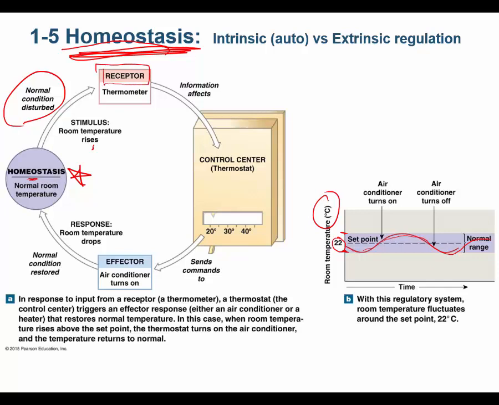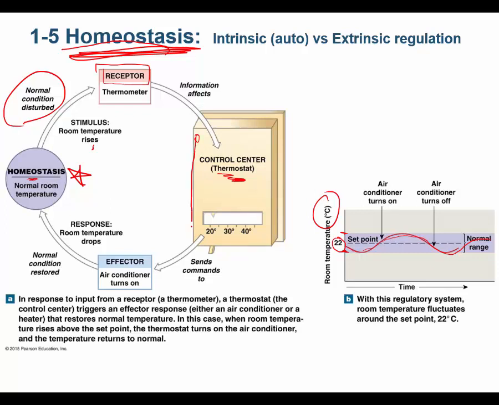In the case of your house, you have a thermometer. Now, the thermometer is usually within the thermostat, by the way. See, this is the thermostat, the control center. That's what's going to make your furnace kick on or make your air conditioner kick on. However, in your house, your thermometer is probably inside the thermostat.